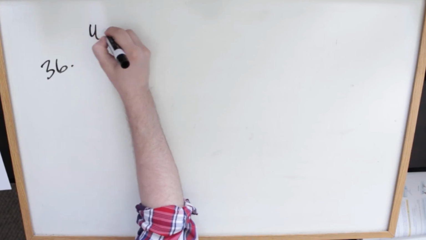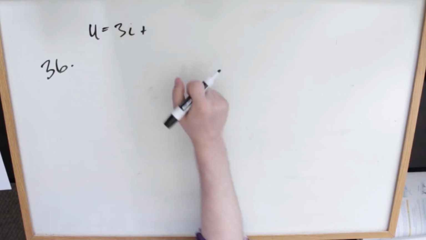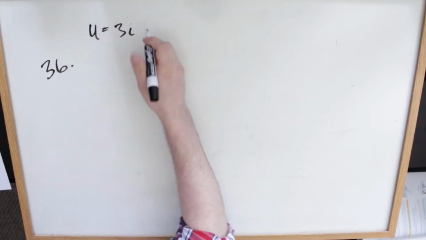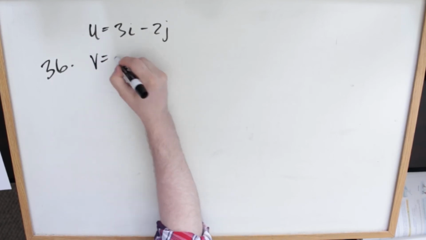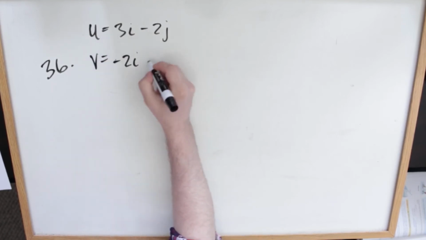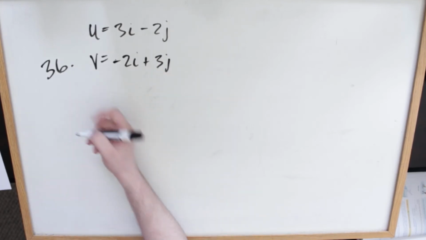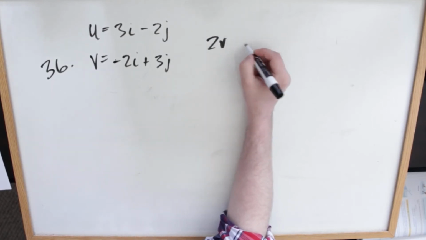U is equal to 3i minus 2j. And v is equal to minus 2i plus 3j. So we're asked, so these are what's given, and we're asked to find 2v plus 3u.